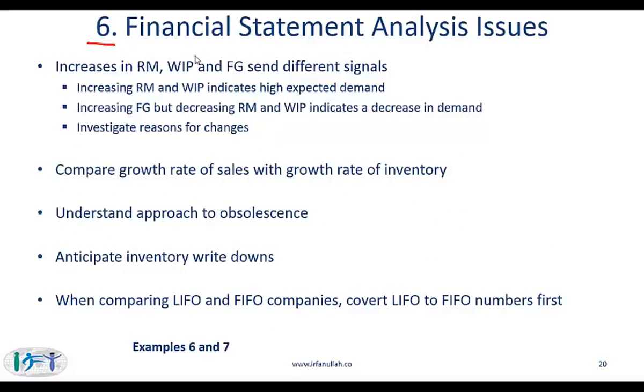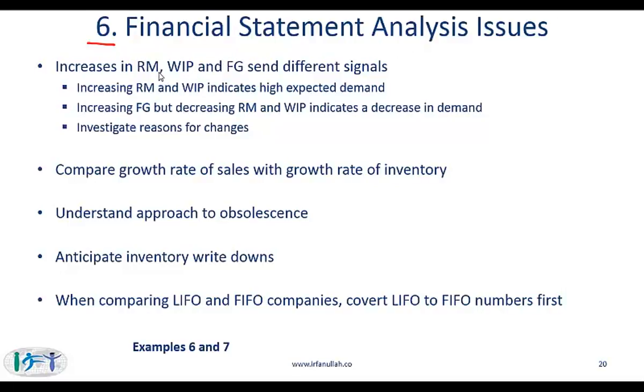We now come to the final section in this reading, which is financial statement analysis issues. I think this is fairly testable because what we are going to do here is study the financial statements and try to make a determination about the company that we are studying.